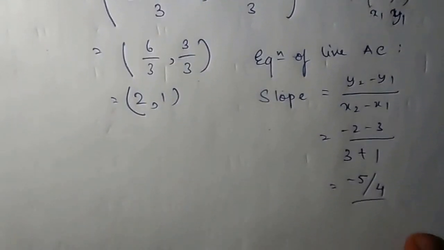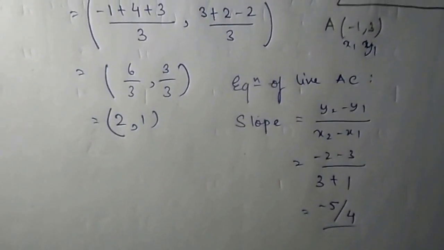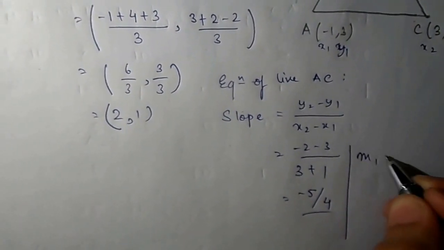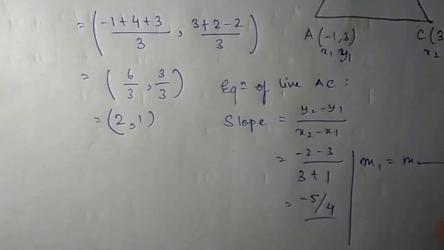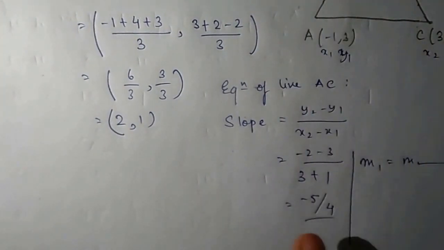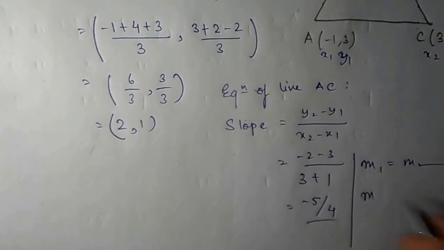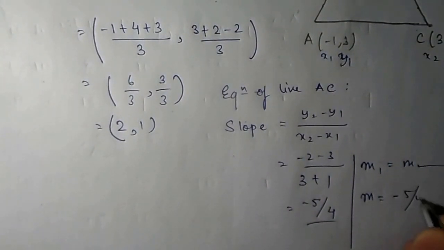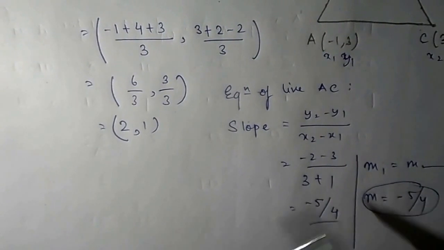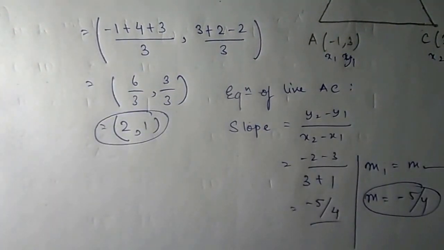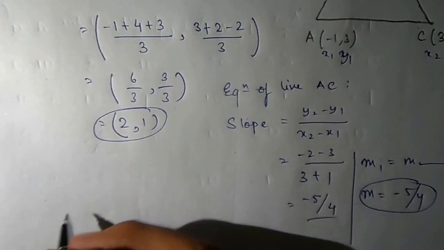This is the slope. For a line which is parallel, the slope m1 equals m2. So the slope of this line will equal the slope of AC. Let it be m, which equals -5/4. Now we have the slope and a point through which the line passes, so finding the equation is quite easy.